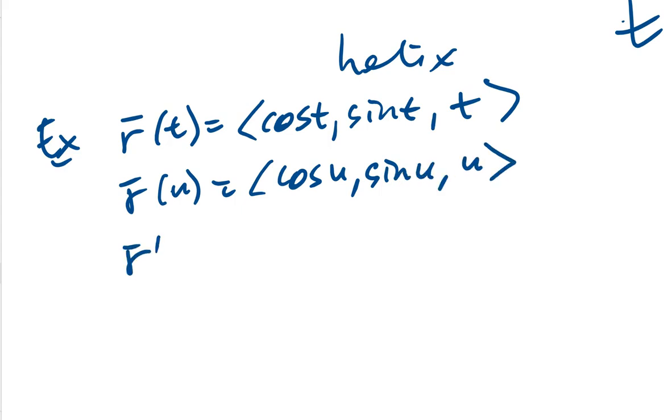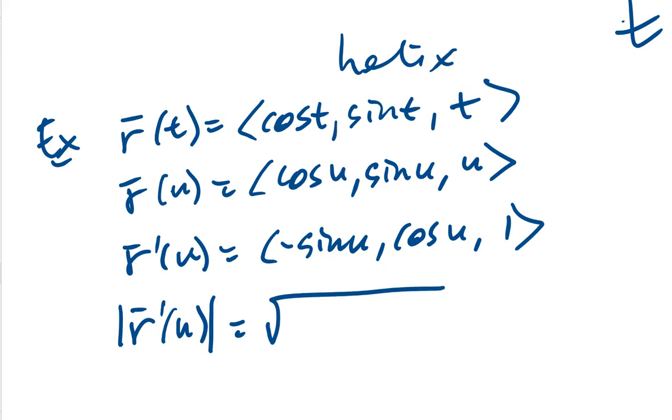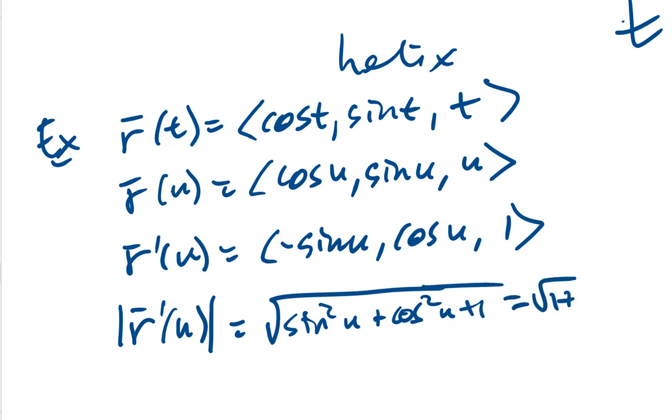When we take the derivative, I'm just going to do the exact same stuff I did before: negative sine of u, cosine of u, and then 1. Now the length of r prime of u is just the square root of sine squared plus cosine squared plus 1, which is the square root of 1 plus 1, which is square root of 2.